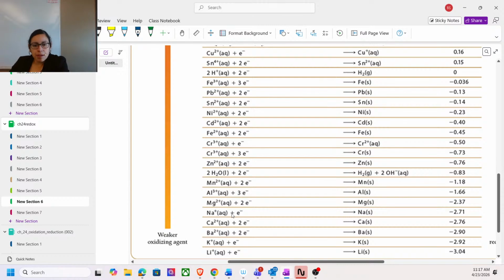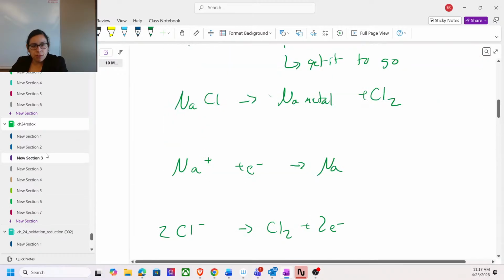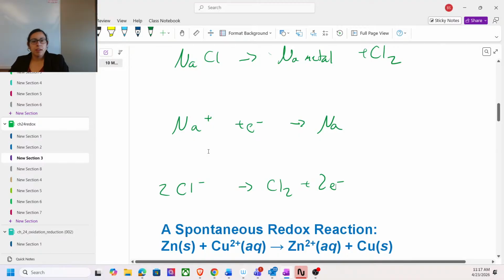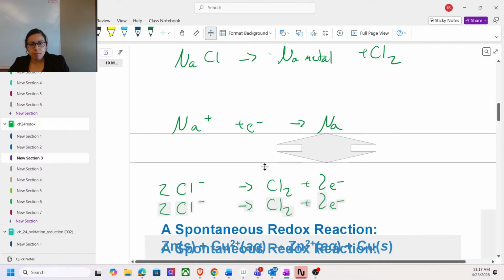Okay, so now we copy the process that we want to do. We want to plate out sodium metal. So we have sodium plus our electrons, and that's negative 2.71 volts, which we write because that's in the correct reduction form.